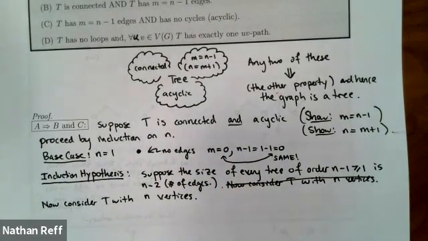What can we say that's going to be useful for us? You want to use your induction hypothesis. Right now I'm a tree with n vertices, and I want to get to a tree with n minus 1 vertices. What are some nice ways that you could potentially do that?